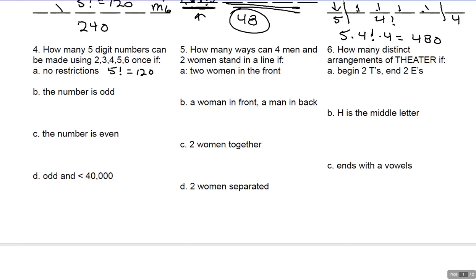What if the number is odd? 1, 2, 3, 4, 5. It's a 5-digit number, right? What digit makes it odd? 3 and 5. Well, but where do I put it? What digit do I look at to determine if a number is odd?